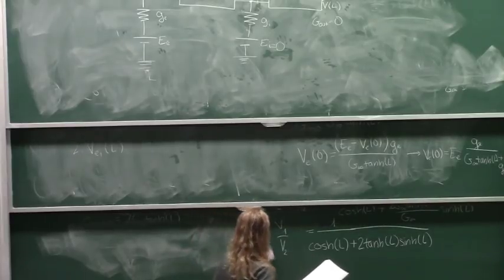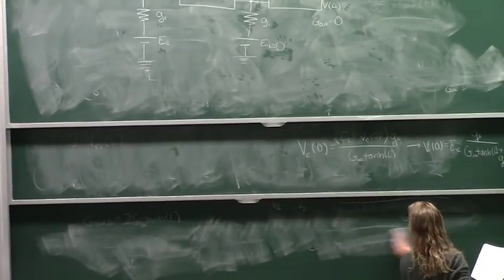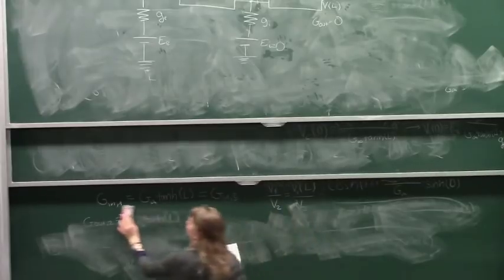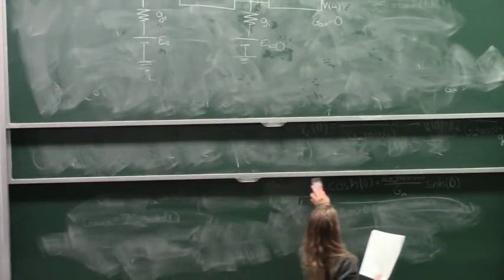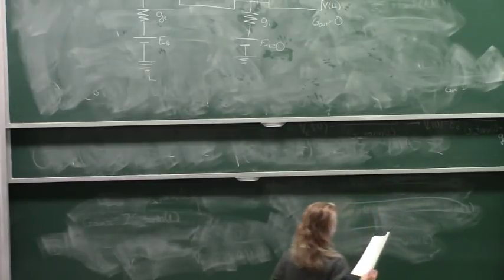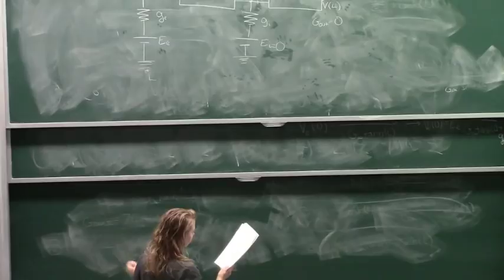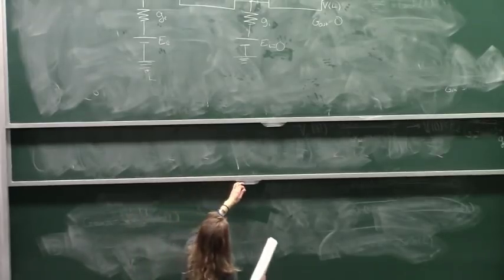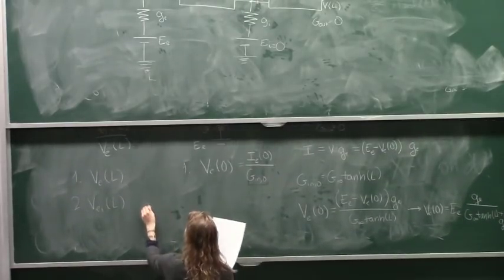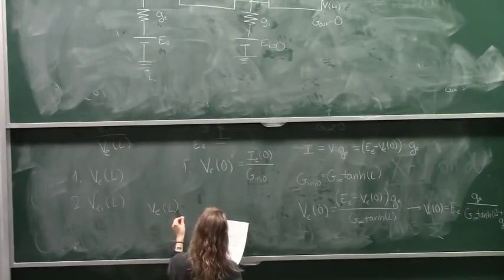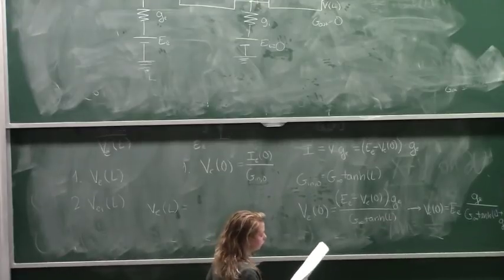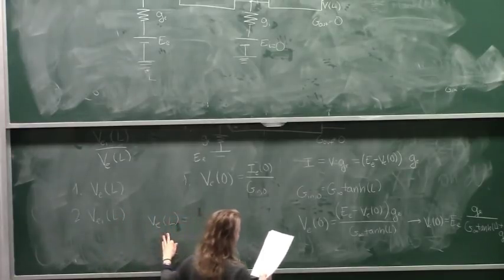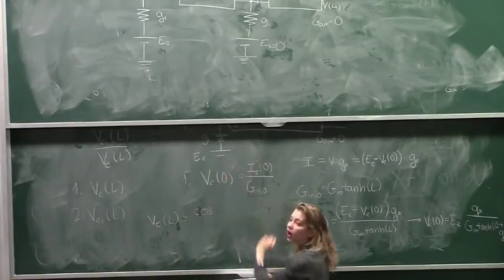Okay, so VE of L. Basically, we're just going to use the equation for V of X over V of 0 to find VE at L. Remember that our G out is 0 at the end.